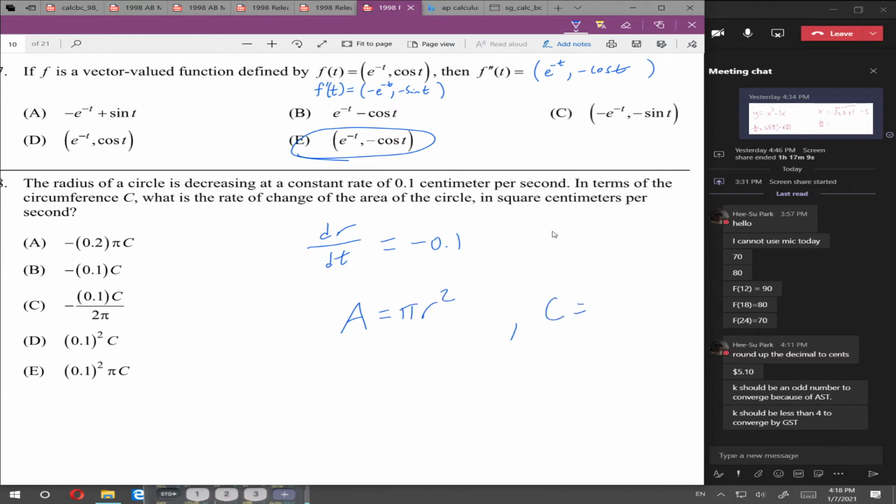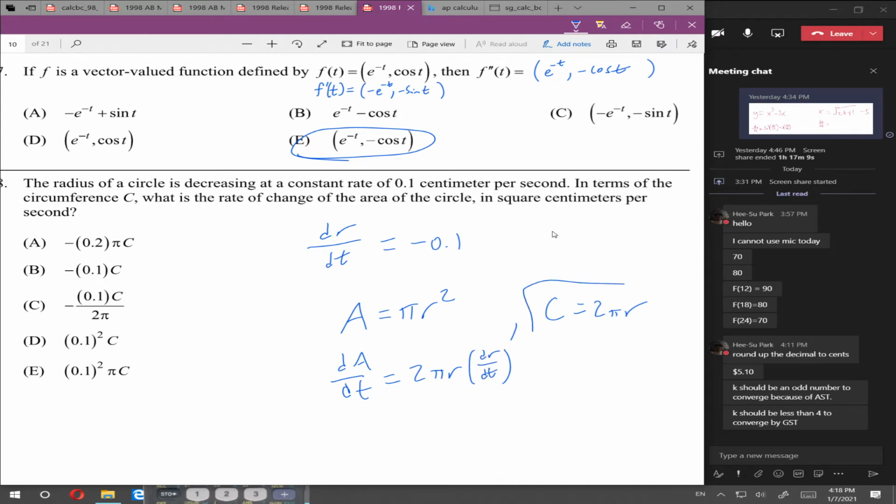Then I want the rate of change of the area in terms of the circumference. So what's our equation for the area of a circle? Pi r squared. Okay, circumference is the next thing we need, but circumference is 2 pi r. So if I want to find the rate of change of the area of the circle, then I'm looking for dA over dt. So what is dA over dt first? 2 pi r times dr over dt with chain rule.